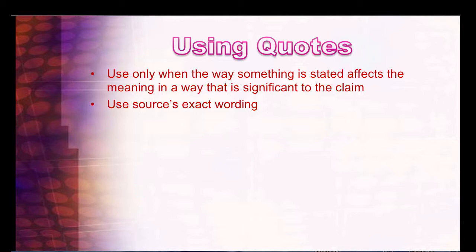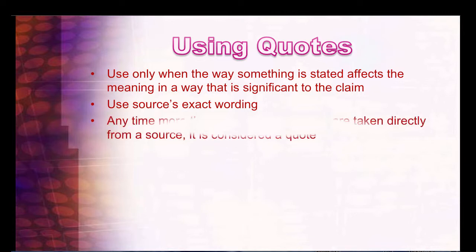And unlike paraphrase and summary, direct quotes do use the source's exact words. As a matter of fact, you can't change the source's wording even if the grammar is incorrect. Remember that a direct quote is considered anything that takes more than 3 terms, not words actually, terms in a row that you take directly from a source.